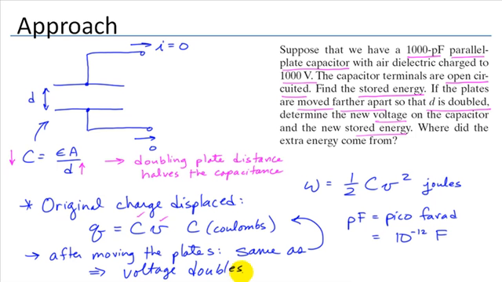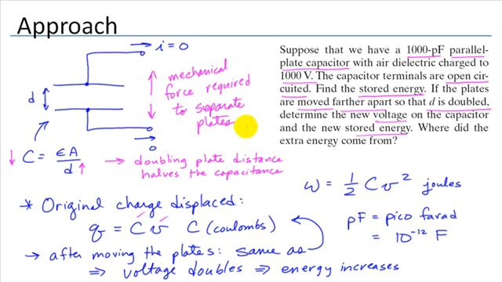We see that the voltage doubles because the capacitance is dropping. We also see then that the energy has to be going up. We say, where did the extra energy come from? Well, it actually takes mechanical force in order to separate the plates and maintain that same charge displacement.